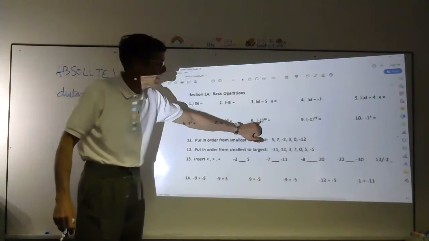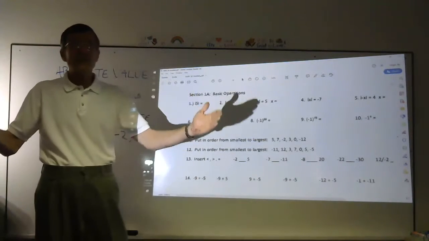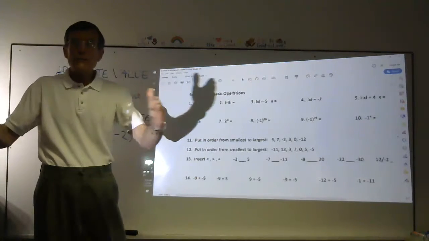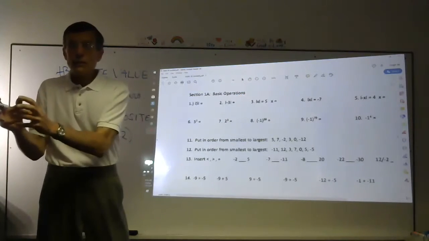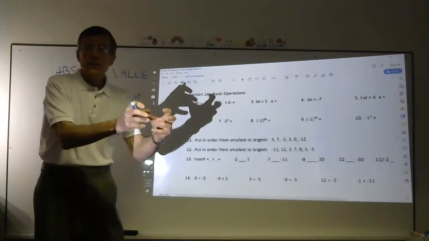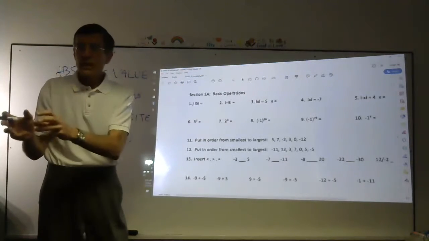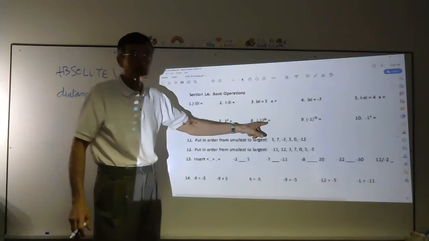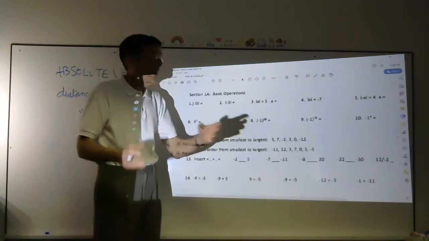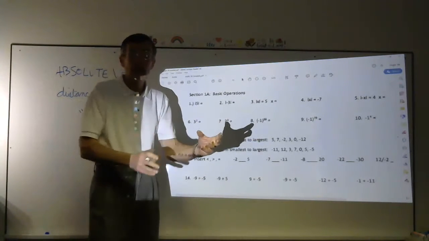So if I have -1 raised to the 56th power, that's 56 -1s all multiplied together. Every 2 negative signs make a positive because it's an even number, 56. You're going to have none left over when you pair them up.